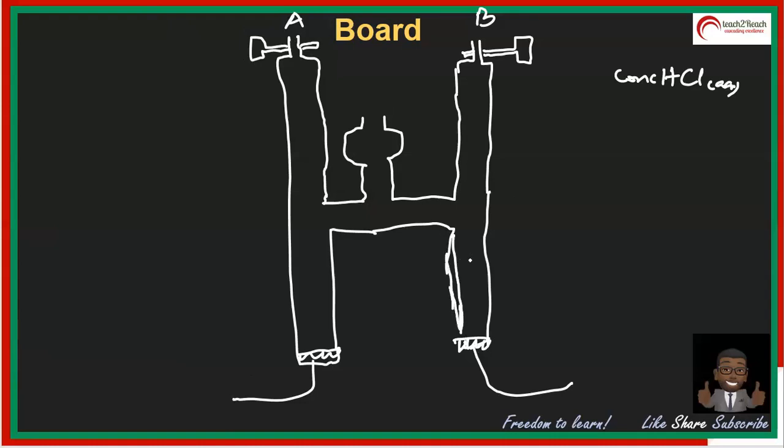They will tell you that at tube B, they notice that a greenish yellow gas was formed at tube B. So they will now ask you, which of these is the cathode, X or Y?